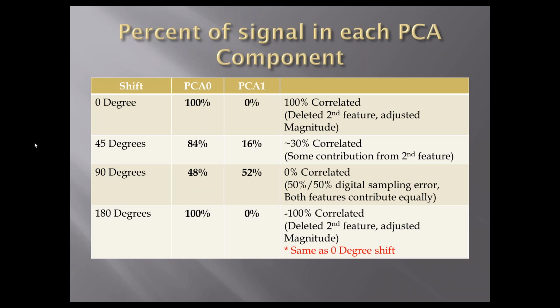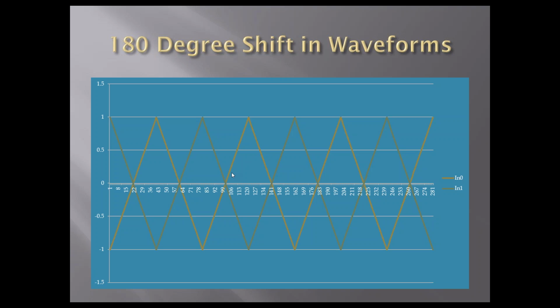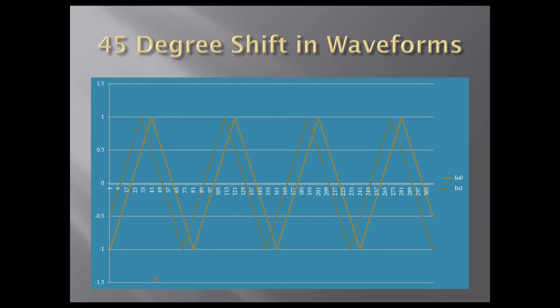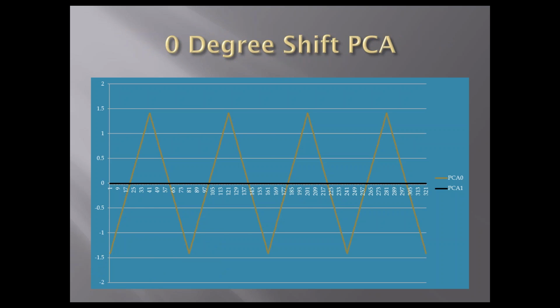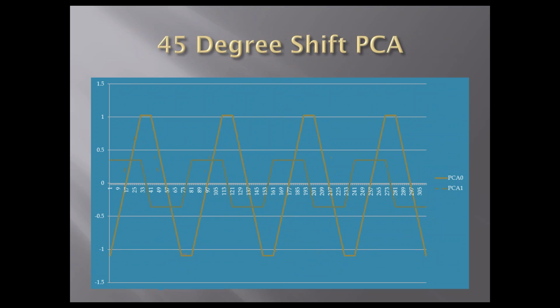And in this case, including these two waveforms 180 degrees out of phase, as well as the 0-degree one that we had where they simply overlap, neither of those are adding additional information with the second feature. So it's a waste of computing resources and time.